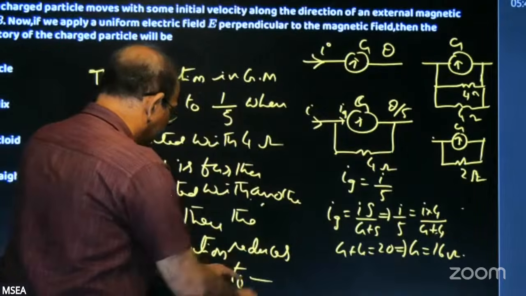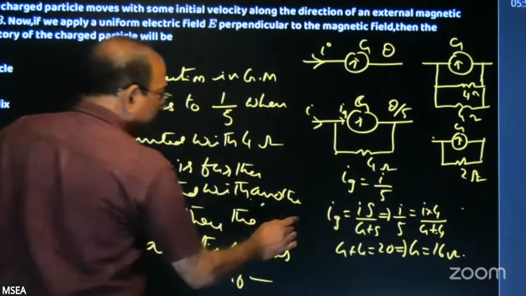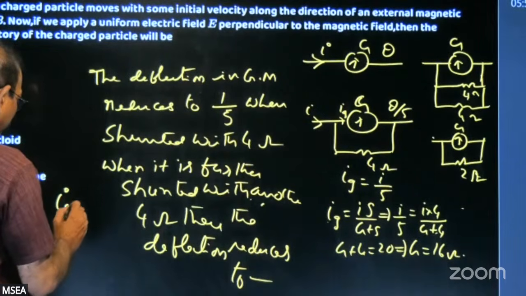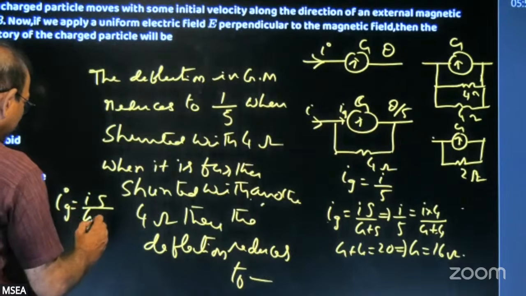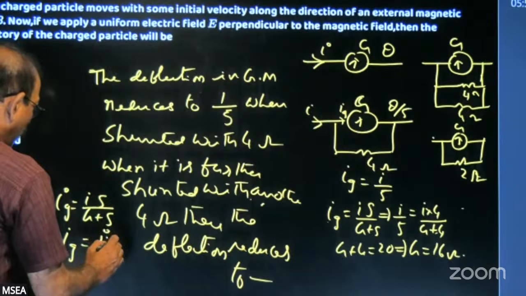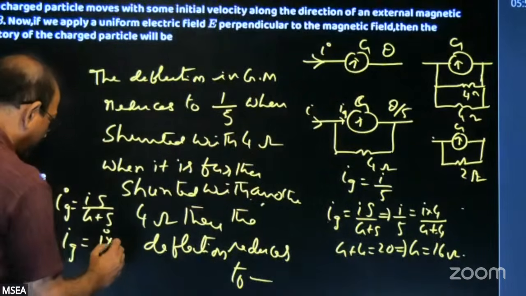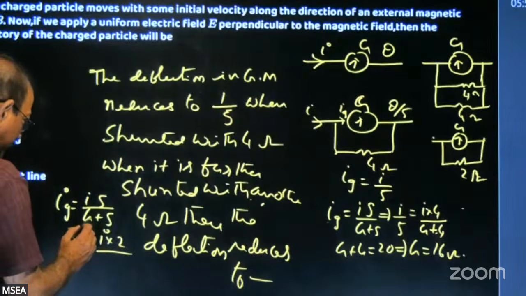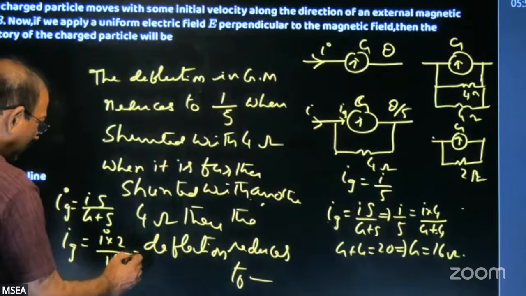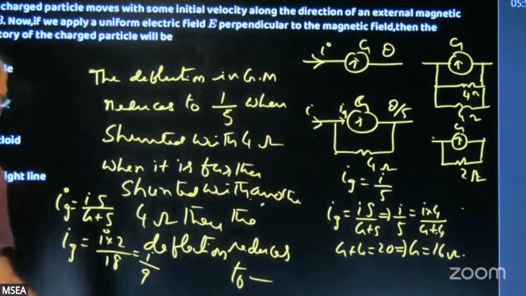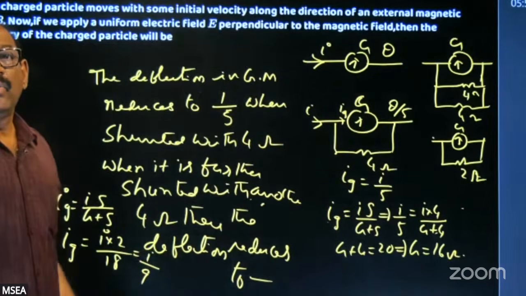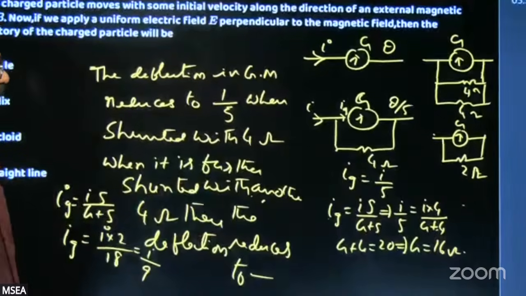Now the deflection reduces to how much? That means Ig is how much of I. Apply the Ig formula again: Ig equals I into S by G plus S, with the effective shunt of 2. So 2 by 16 plus 2, which is 18, and 2 goes 9 times. You get Ig equals I by 9. That means the deflection reduces to 1 by 9, and that is the answer.